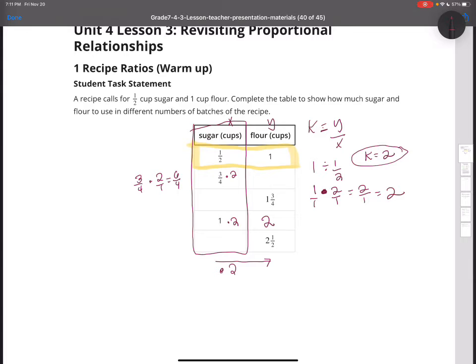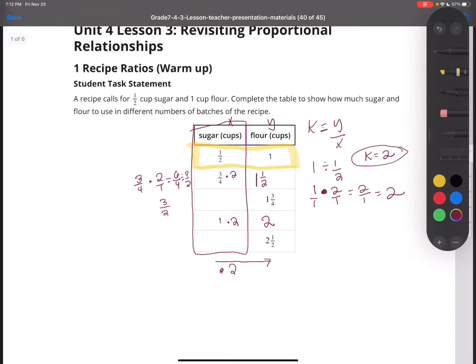And then you could simplify it, which would be 3 over 2. You can ask yourself, well, how many times can 2 go into 3 without going over? If you guess 1 time, you're absolutely correct. And then you have 1 left over, and it's going to be 1 and 1/2.